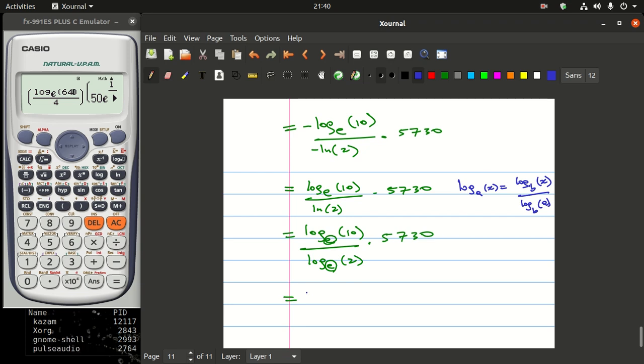So here, this is the same as log base 2 of 10, and then I multiply by 5730. So this is going to be 5730 times log base 2 of 10. That's supposed to be your final answer, or you can punch it in a calculator.